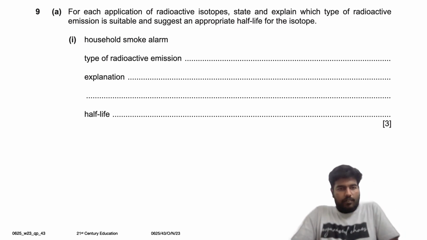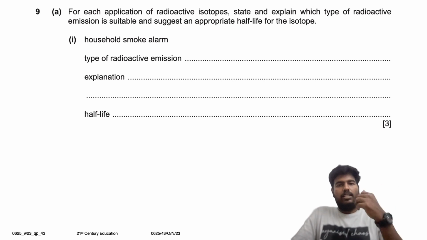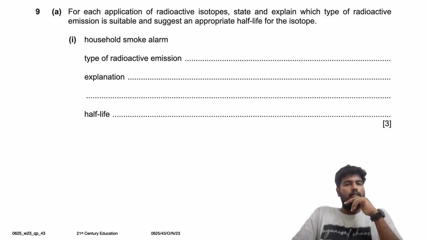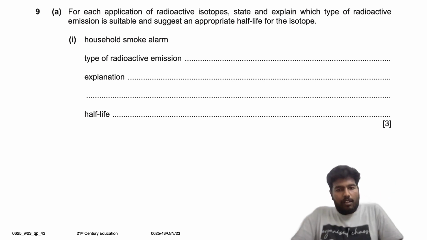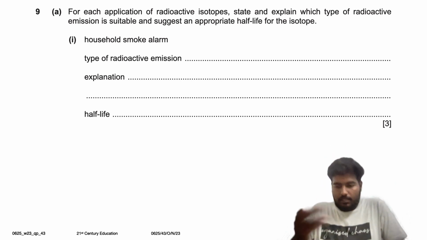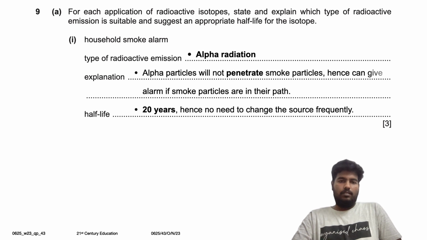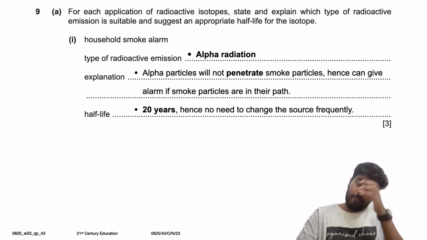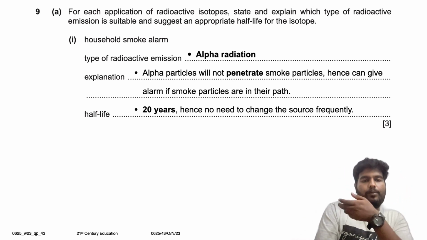Okay, so nuclear physics. For each application of the radioactive isotopes, state and explain which type of radioactive emission is suitable and suggest an appropriate half-life of the isotope. First, household smoke alarm. Type of radioactive emission: we have to use alpha radiation. Why alpha?